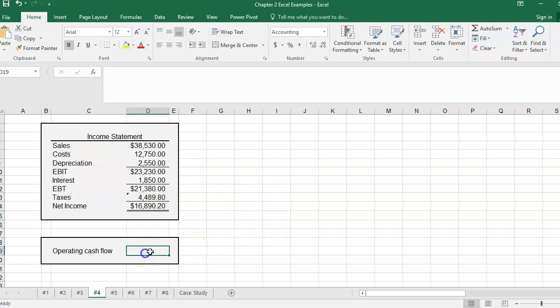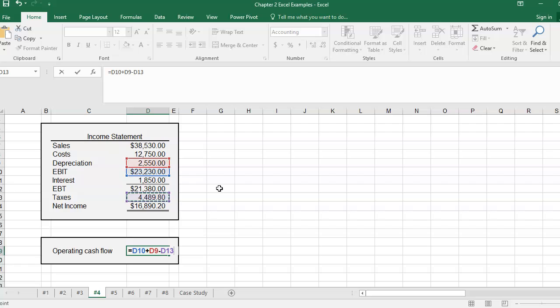Operating cash flow is earnings before interest and taxes plus depreciation minus taxes. So we have to add depreciation back in because depreciation is a non-cash expense. And then we remove taxes because taxes are paid in cash.